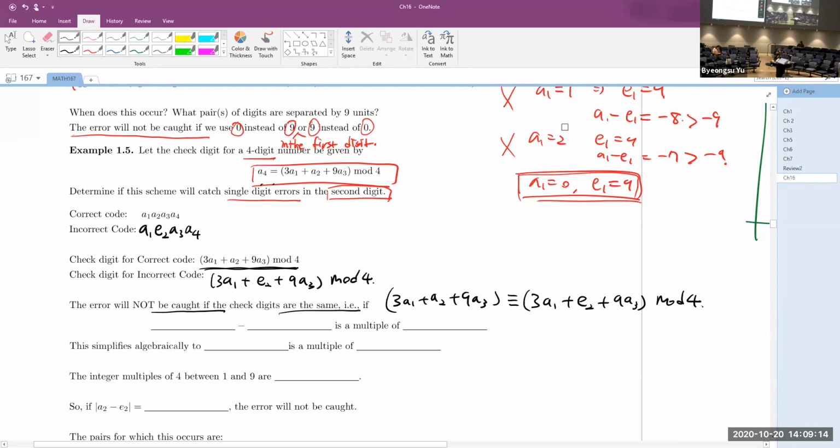Yes, mod 4 for both sides. So what we did is actually just apply that formula on the correct code and incorrect code to get the numbers, right? Okay.